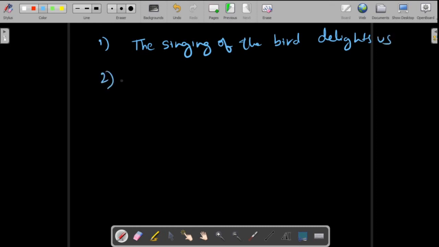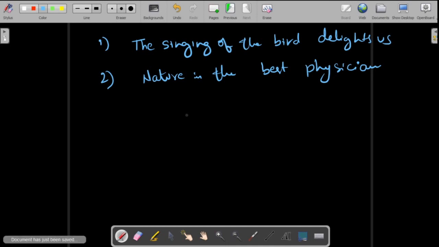Second one, nature is the best physician. Just write in the comment section which one is the subject and which one is the predicate in these two sentences.